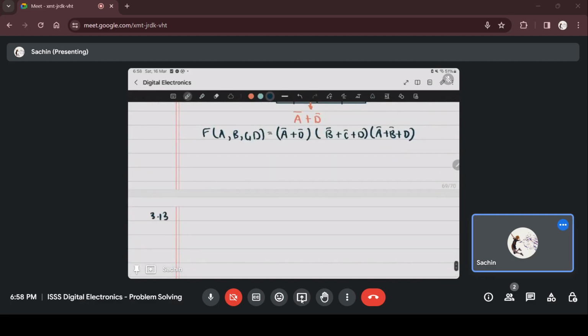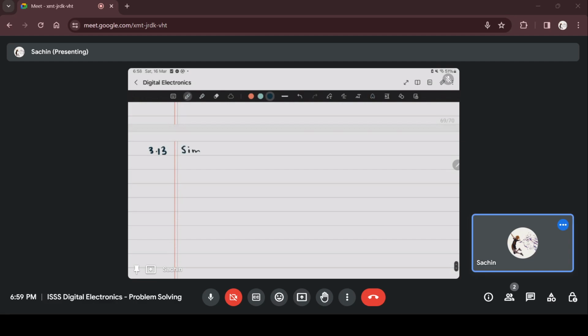Next is problem 3.13. Simplify the following expressions to 1. Sum of products, and 2.